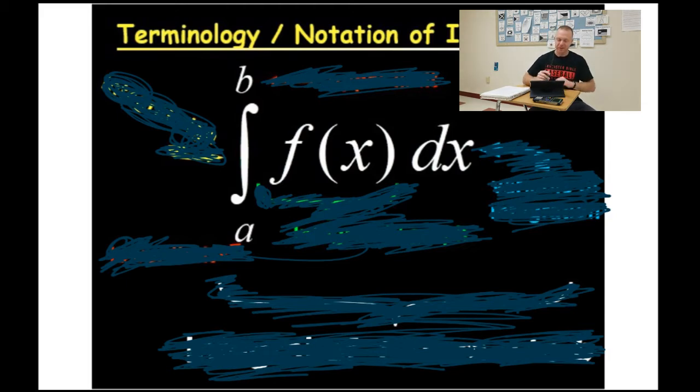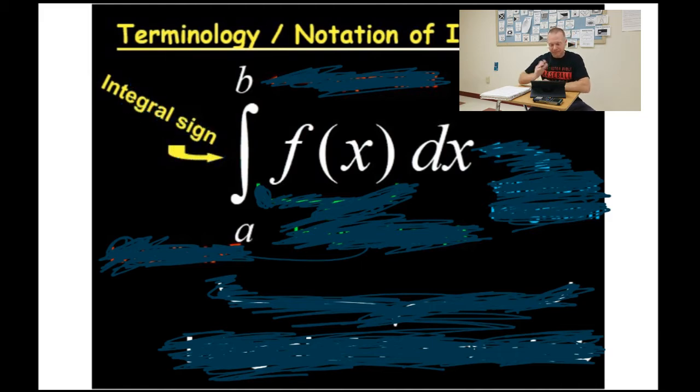Why don't we do a little scratch off here, kind of like a lottery ticket, and we'll see what we win. If we scratch off this left-hand side, we find out that we win an integral sign. That little squiggle is an integral sign, and it actually comes from the summation symbol. Although we're not going to talk about it in a lot of detail, the summation symbol, as you may remember from last year, is the sigma sign, and that stands for summation. And what we're actually doing is summing up an infinite amount of rectangles.